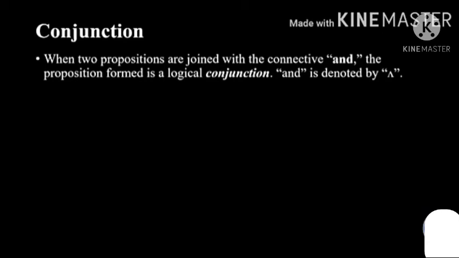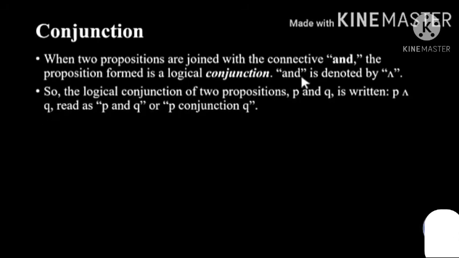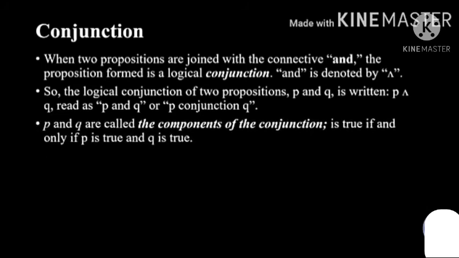It has its own symbol. The logical conjunction of two propositions p and q is written with this symbol between them, and read as "p and q" or "p conjunction q". P and Q are called the components of the conjunction.